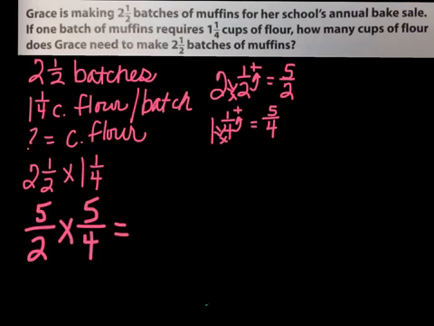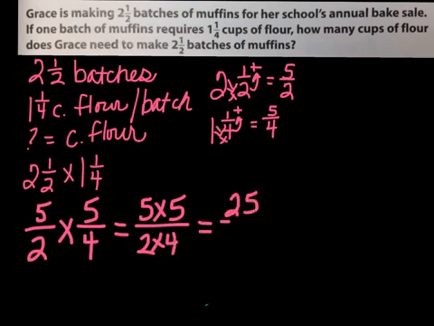Now we're multiplying fraction times fraction, so numerator times numerator over denominator times denominator. So 5 times 5 is 25. 2 times 4 is 8. I have an improper fraction there, so I need to change it to a mixed number.